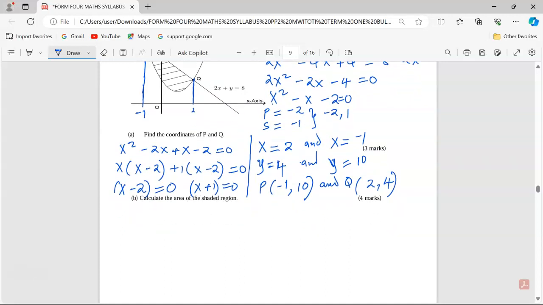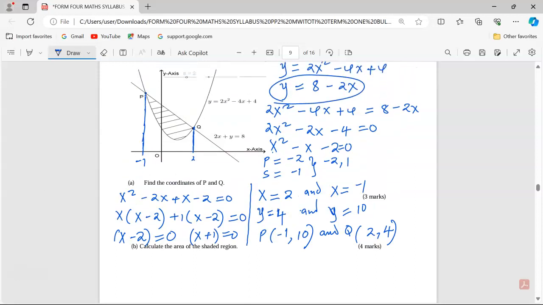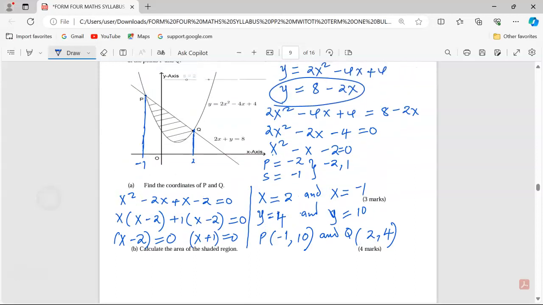Now calculate the area of the shaded region. For us to calculate the area of the shaded region, we have to get the whole area bounded by the line and the ordinates negative 1 and 2. That makes it a trapezium. For the area of a trapezium, the first height is from 0 to the value of y at P, which is 10, and the other height is from 0 to 4.